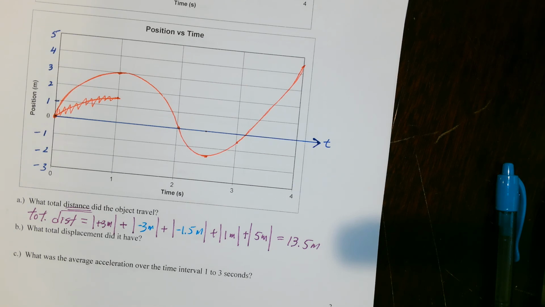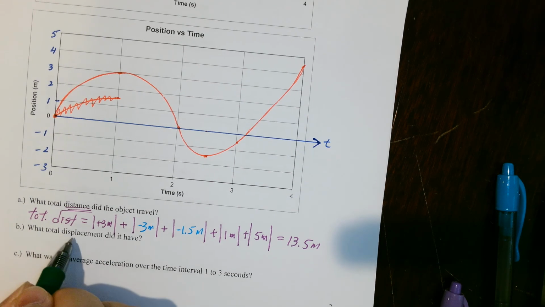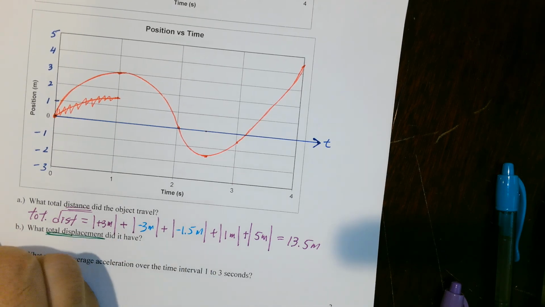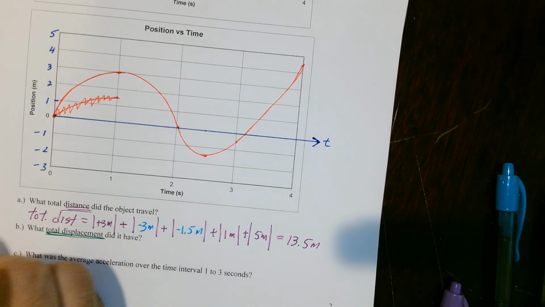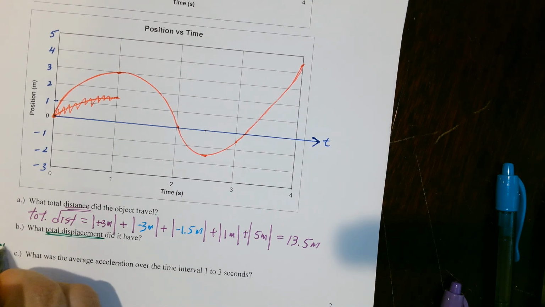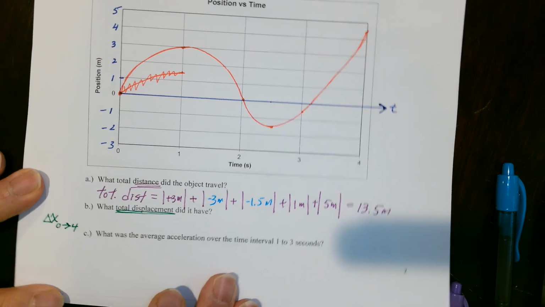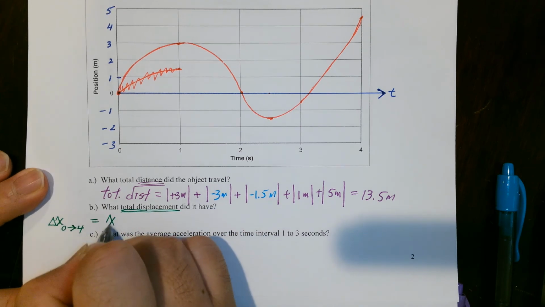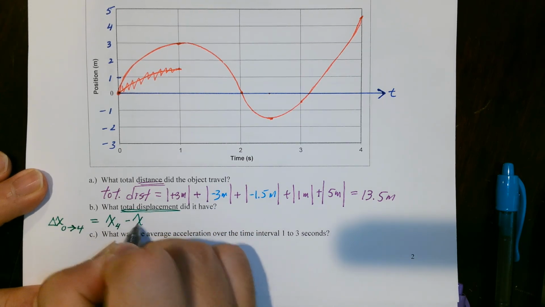What total displacement did it have? Now they want to know total displacement. So total displacement is the change in x between 0 to 4 seconds, basically. Okay? So that is equal to x at 4 minus x at 0.